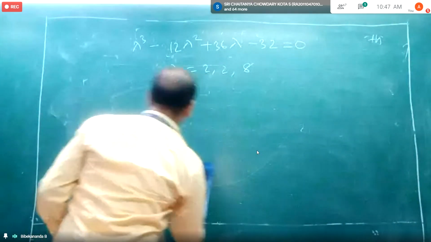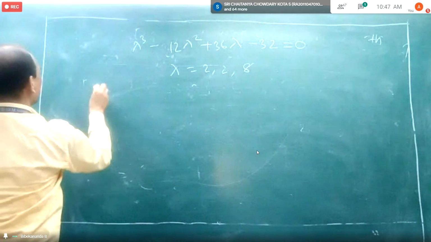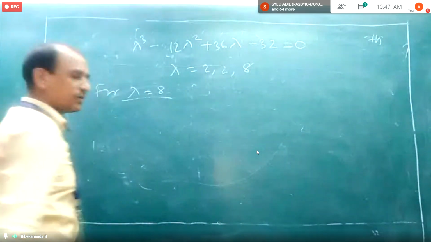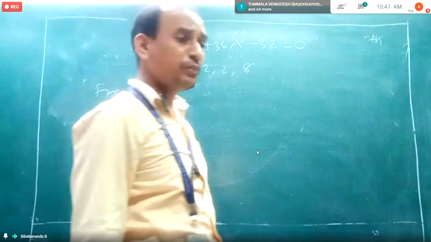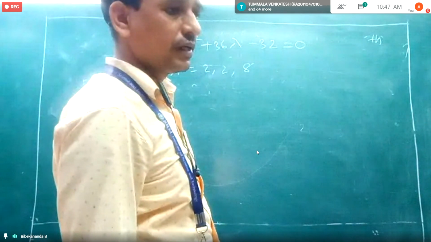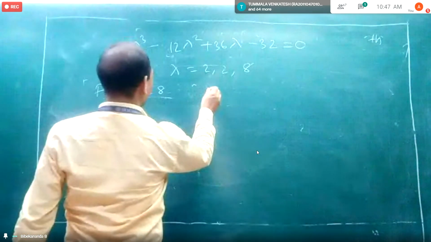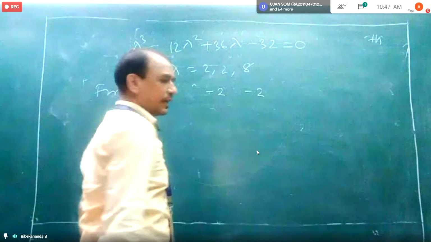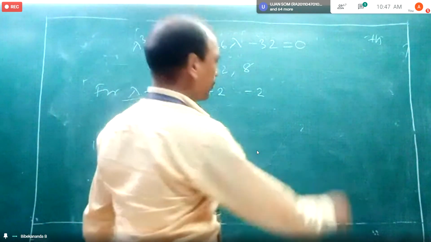So what will be the eigenvector for lambda equal to 8? Tell me. 6 minus 8 is minus 2, and 2.